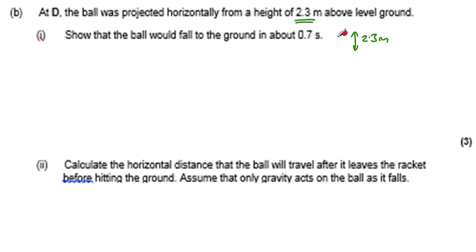2.3 meters. The horizontal velocity has nothing to do with this. All you've got to worry about is the acceleration due to gravity. Call it 9.81 meters per second squared. Pick out a Suvat equation that does the job. You know distance, and you can use s equals ut plus half at squared, where you know time, they've told you.